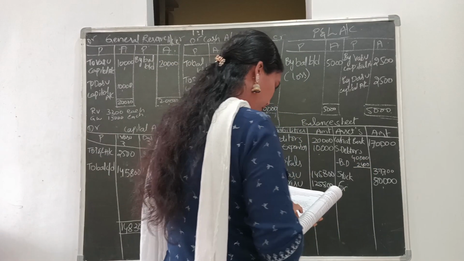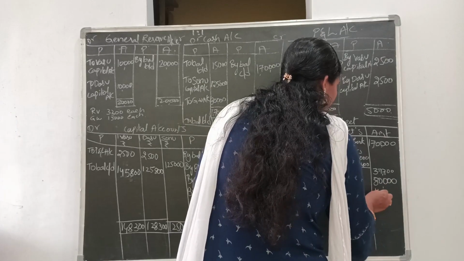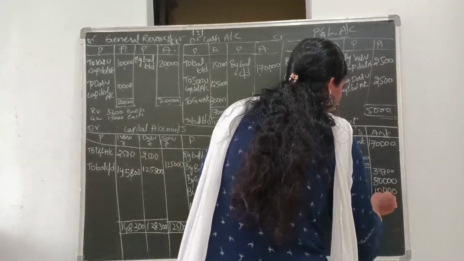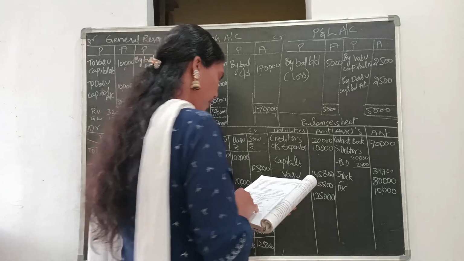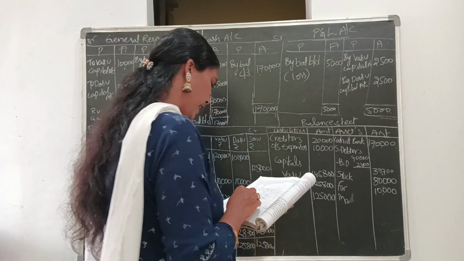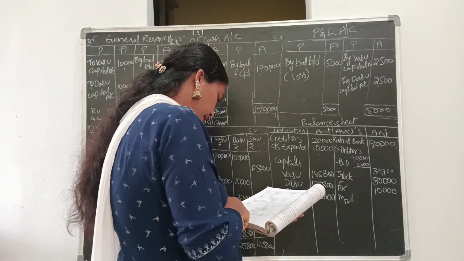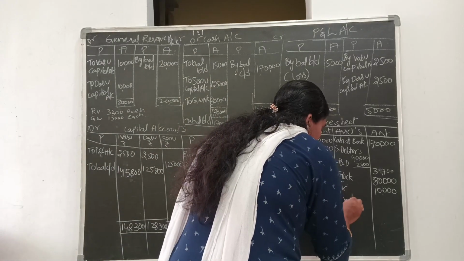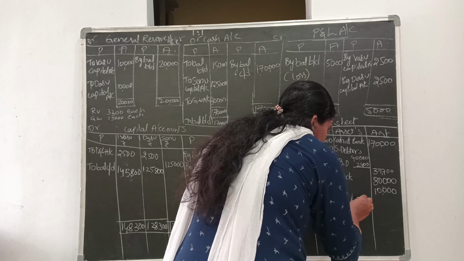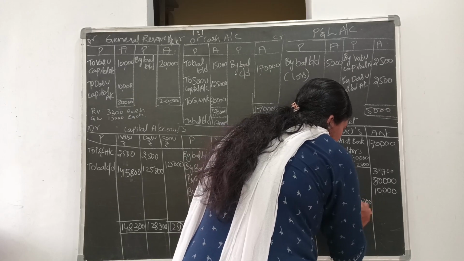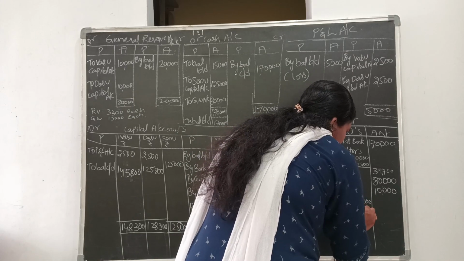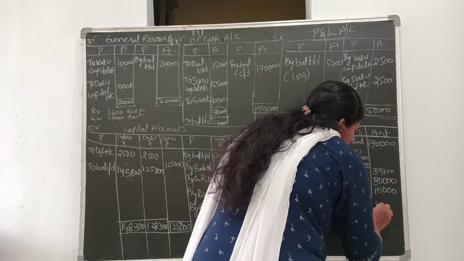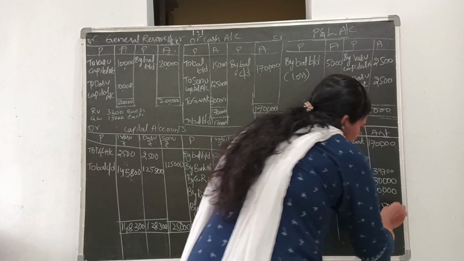Furniture value is 10,000. Write down 10,000. Next, machinery. Machinery value is 50,000. Machinery depreciation 10% means 5,000. Deduct 5,000. So value is 45,000.